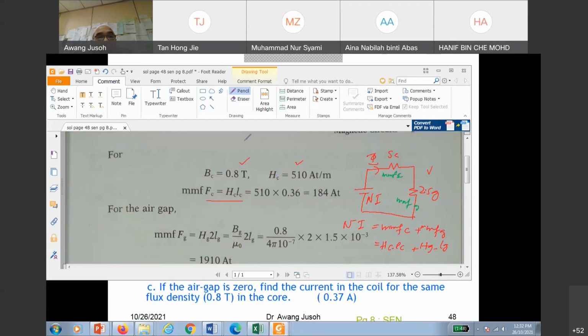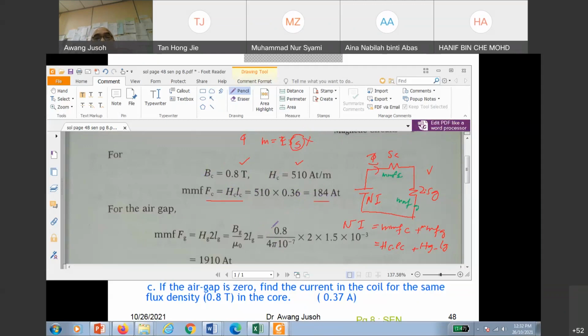You cannot find the flux equation, because you know that MMF also equals flux multiplied by reluctance. Since we don't know all the reluctance components, don't worry about that one. You just go to this formula only. Formula Hc Lc. So you know that Hc is 510, Lc the length of core equals 0.36. Then this is your MMF at the core, 184 ampere turn.